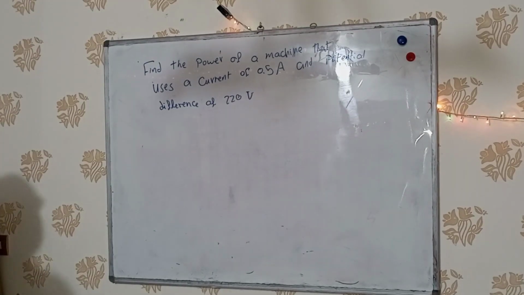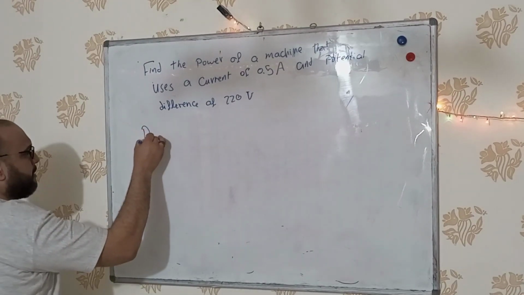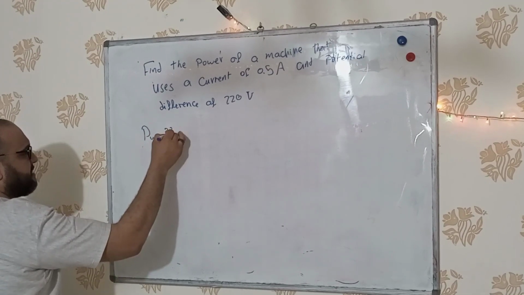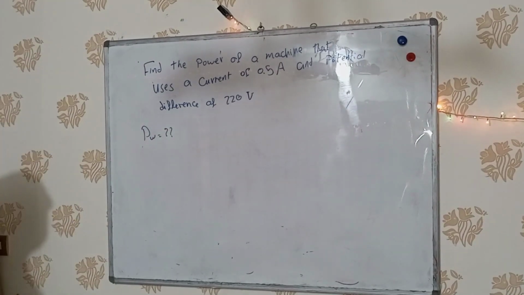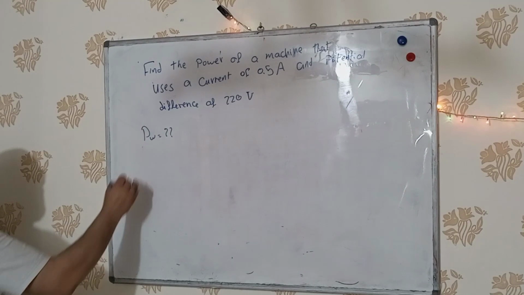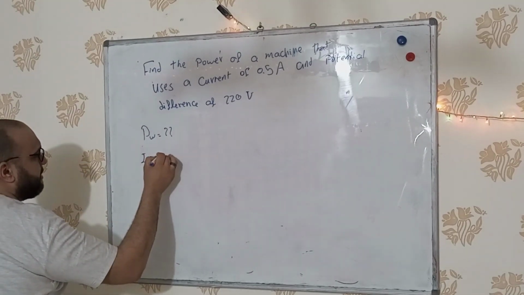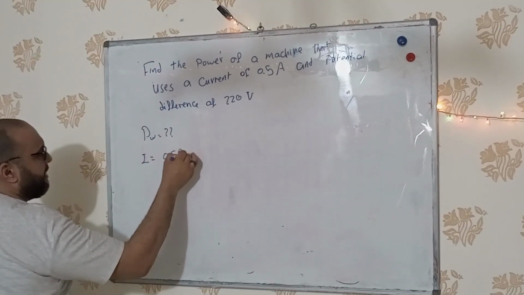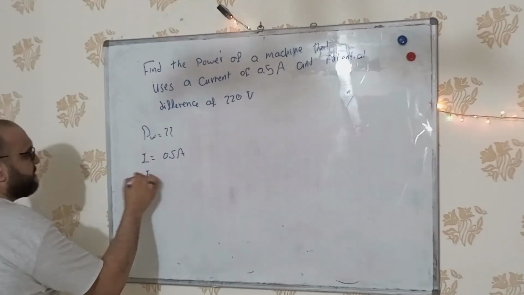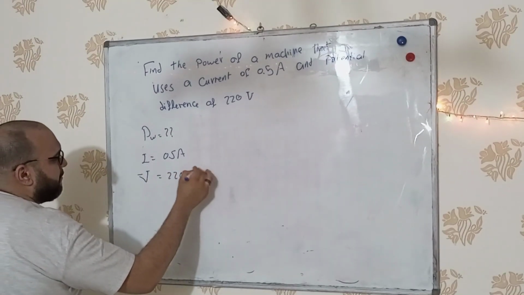So it's so easy. Find the power. I need to know the value of power. Current intensity is half ampere, while the potential difference is 220 volt.